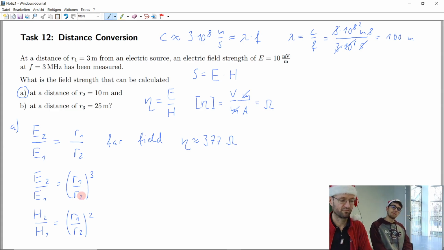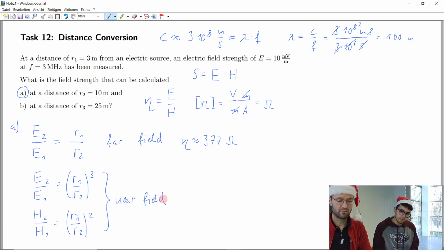We go closer, so we have something divided by something small, so it gets large. And if we have it to the power of 3, it gets larger. Then whatever we have here increases by the power of 2. And so for the electric dipole, these are the formulas for the near field: power of 3 and power of 2.